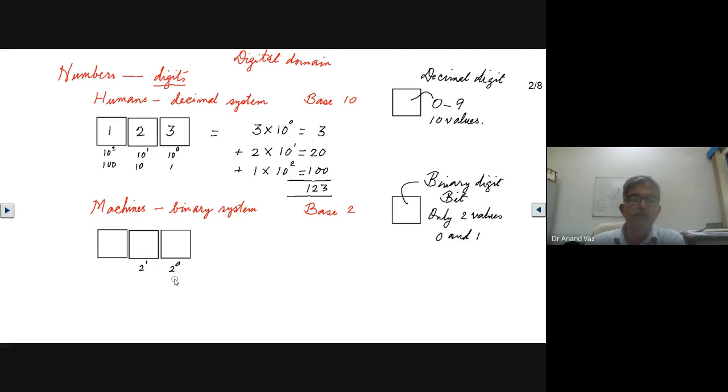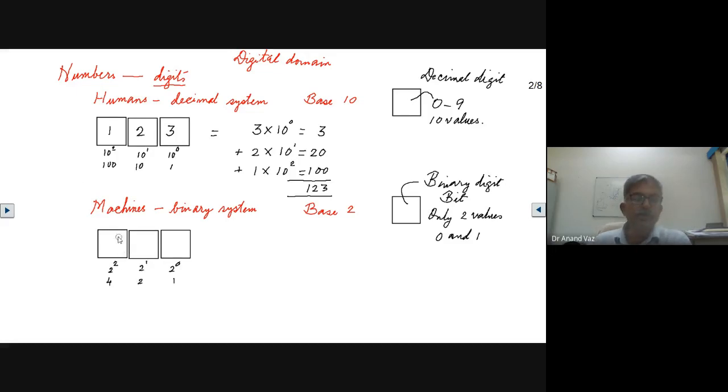So 2 raised to 0 is 1 itself. 2 raised to 1 is 2. 2 raised to 2 is 4. So the weightages just go on doubling up as we go towards the left. In the decimal system, the weightage was just being multiplied by 10. So you just had to add zeros on the right.